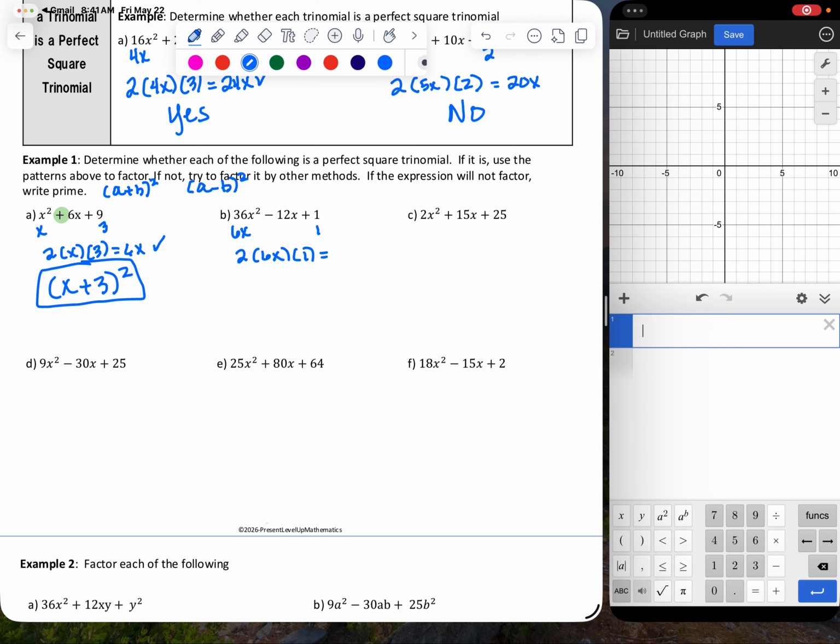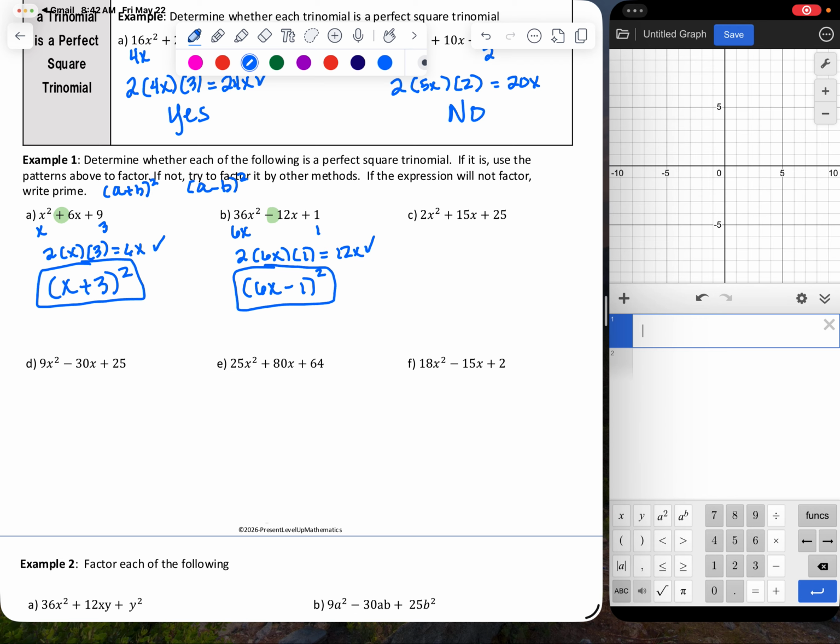So 2 times 6x is 12x. 12x times 1 is 12x. So this is a perfect square trinomial. But this time, your first operation symbol is minus. So I'll take the first square root minus the second square root, quantity squared.